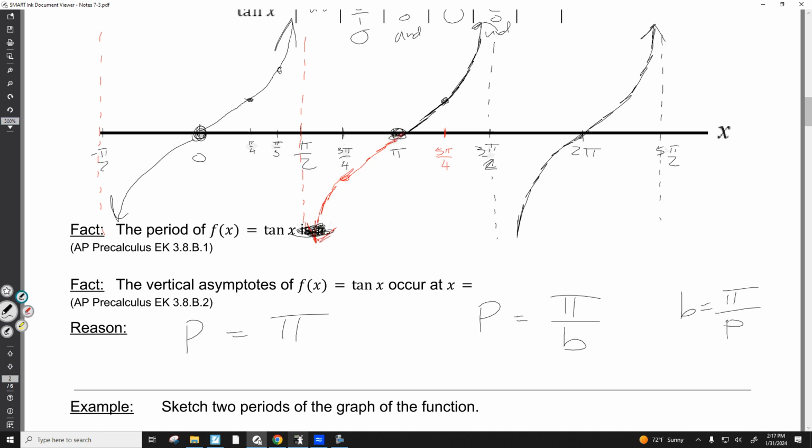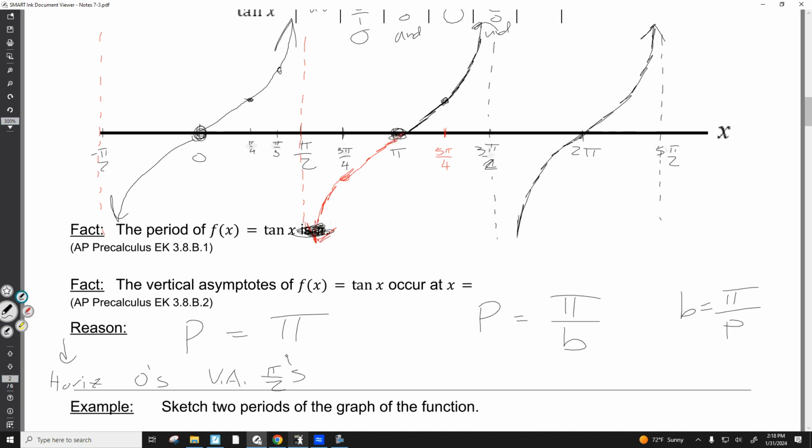Now, remember, your horizontal key points are your zeros. That's 0, pi, 2 pi, 3 pi. Your vertical asymptotes are at your pi over 2.